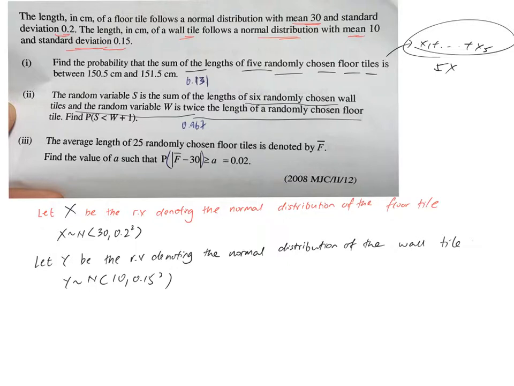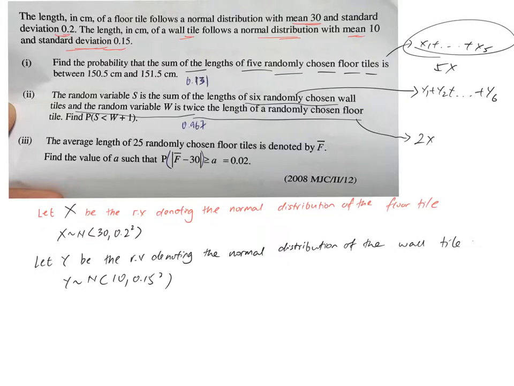So basically here we are talking about 2 times a floor tile, meaning 2X. And for S, we are talking about six randomly chosen wall tiles. So wall tiles will be Y1 plus Y2 plus all the way to Y6. So what are we actually finding?